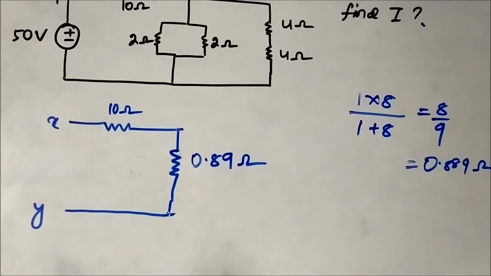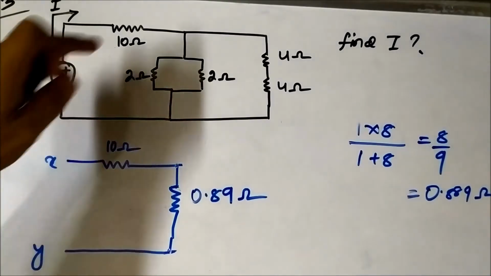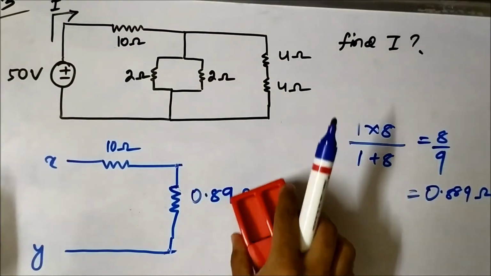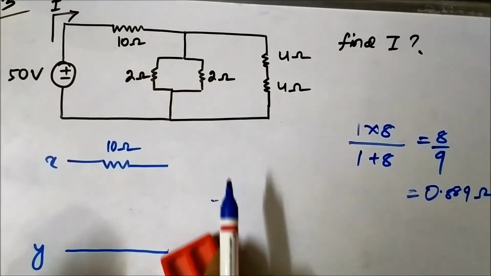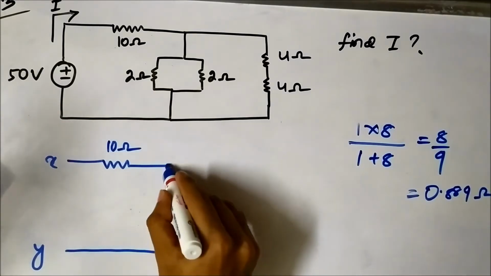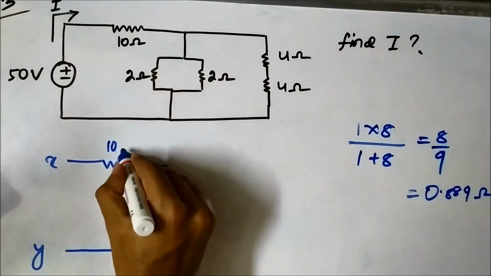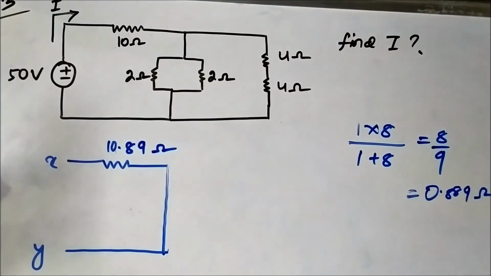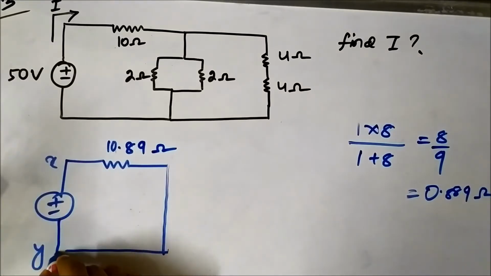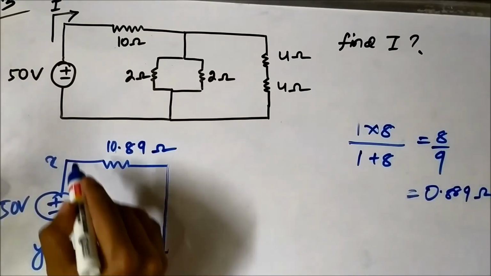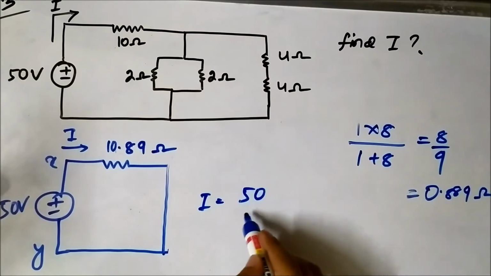So the total equivalent resistance of this entire resistor combination is 10.89 ohm. If we connect the 50 volt source here, the current flowing I will be V by R.